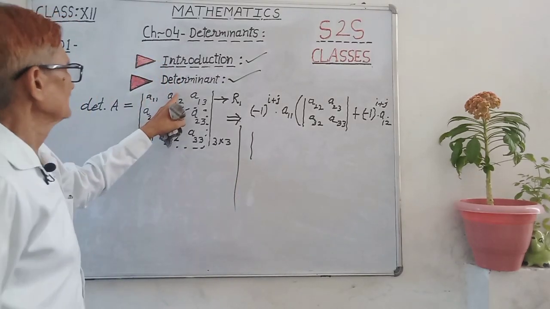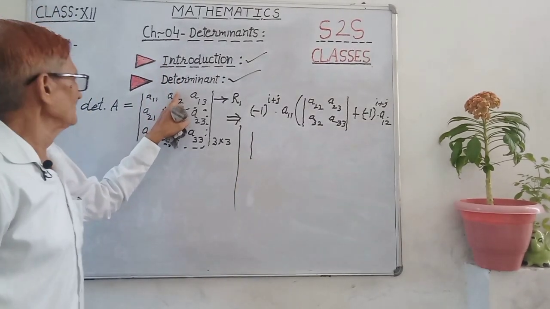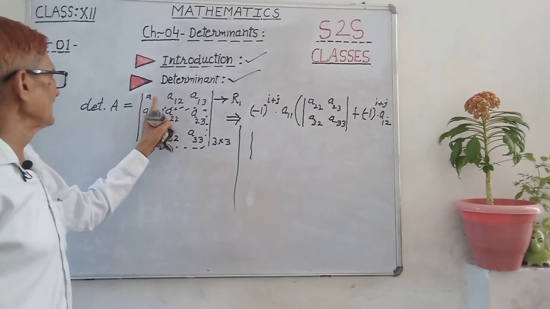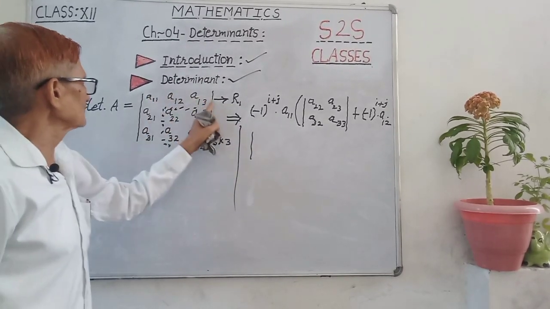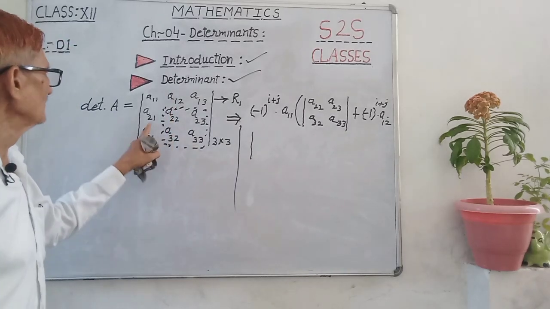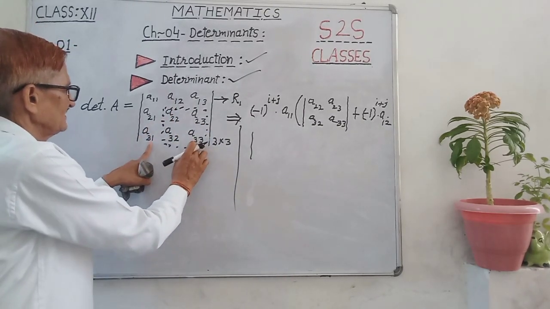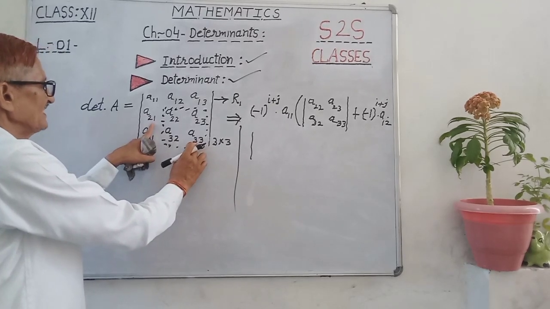What determinant? Second element के लिए second element cancel out, second column cancel out and along this first row and second column cancel out, so remaining element a21 a23 a31 a33, this will be square matrix.